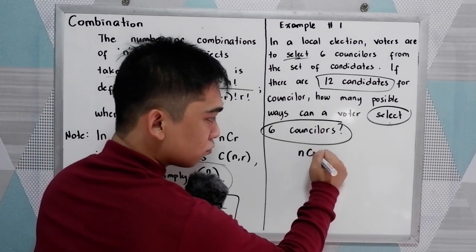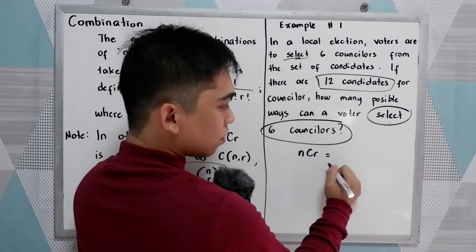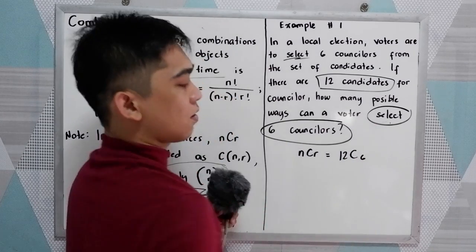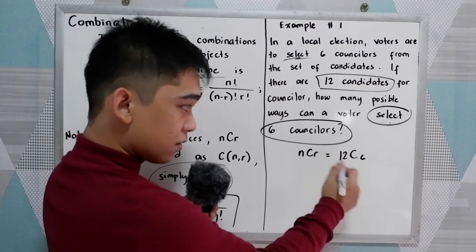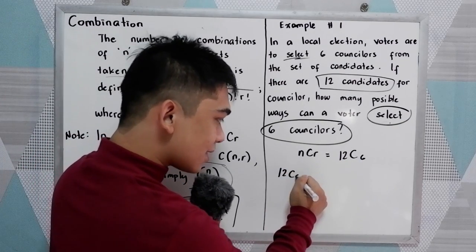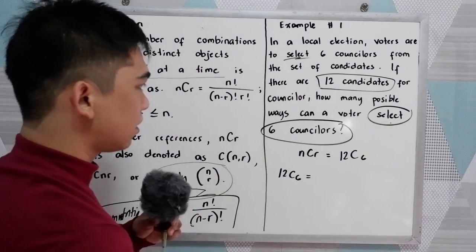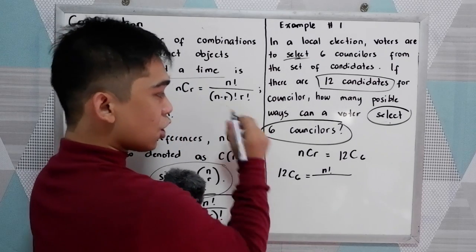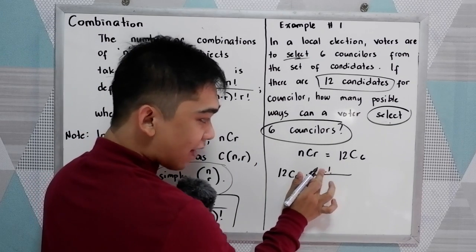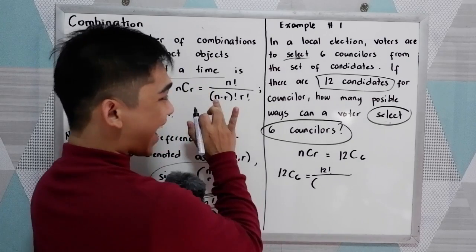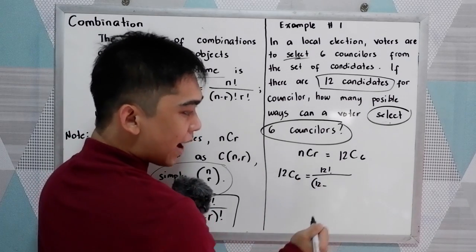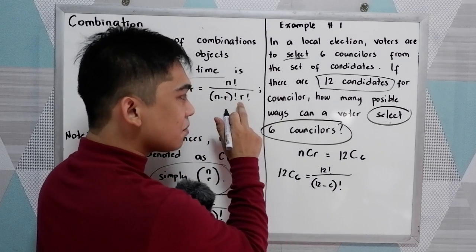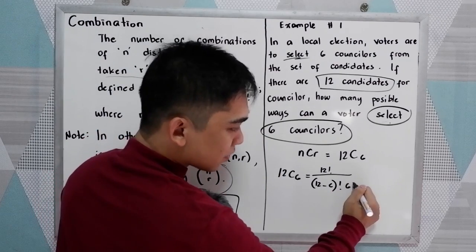So we have nCr, that is equal to 12C6. We're going to select 6. Now we have 12C6 that is equal to n factorial, so 12 factorial over quantity, change n to 12, and our n is 12 minus our r is 6, then factorial times our r, 6 factorial.